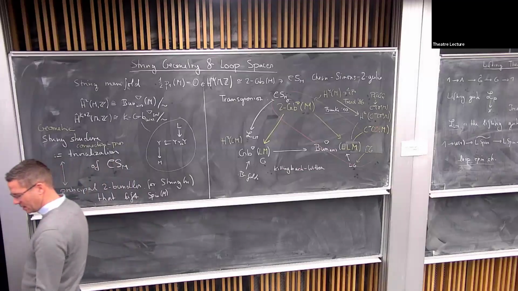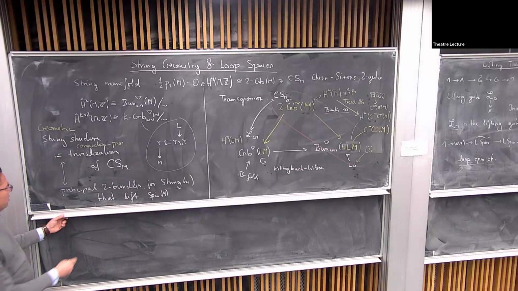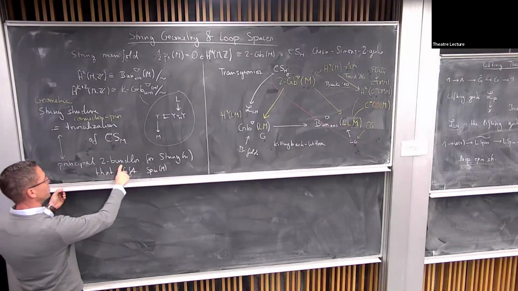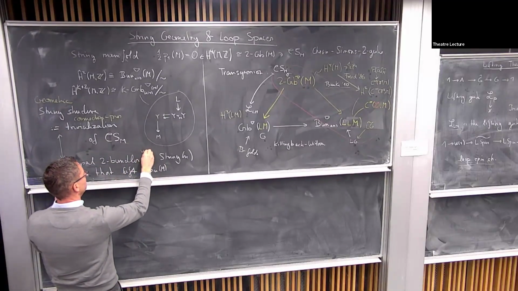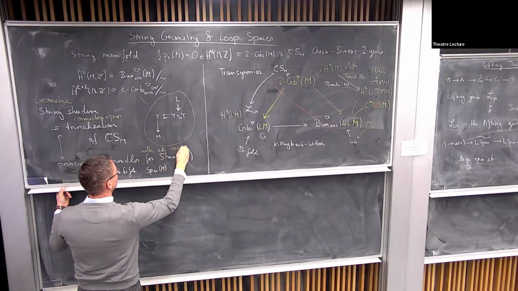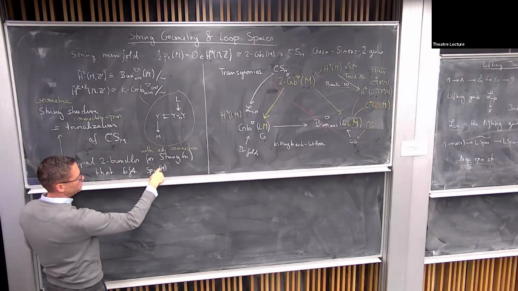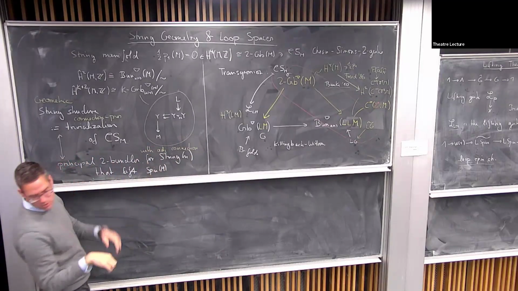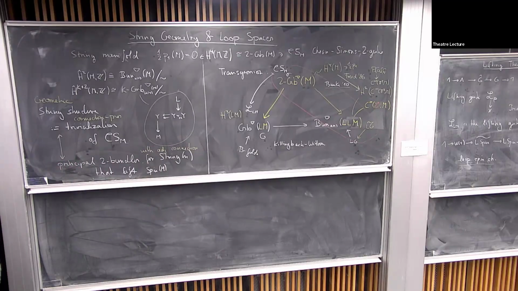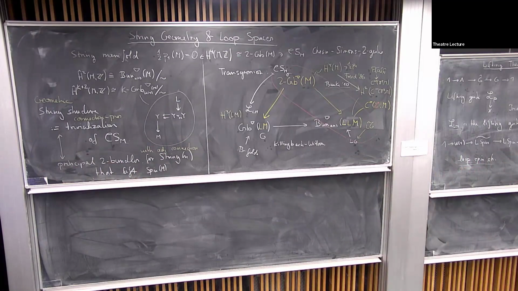And that means that geometric string structures are now equivalent to principal 2-bundles for String(n) with adjusted connection that lift this and the Levi-Civita connection here. All right. Any questions?